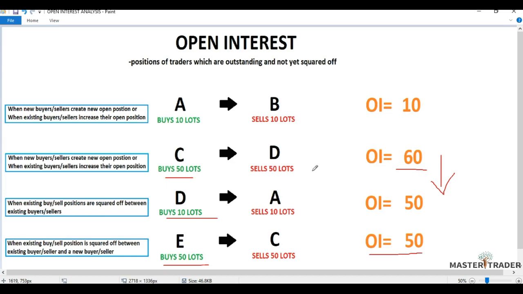So we tend to combine open interest with price and volumes. Then we also look at the charts, where the stock is at the current moment. Putting all of these factors together will really build your case for the stock. So we'll look at this in the upcoming videos.